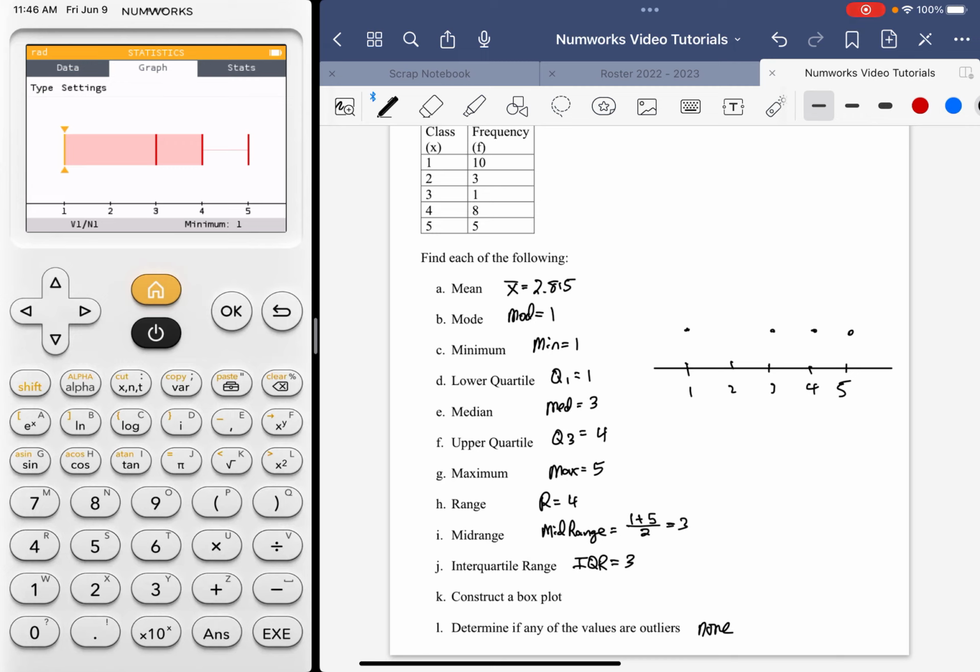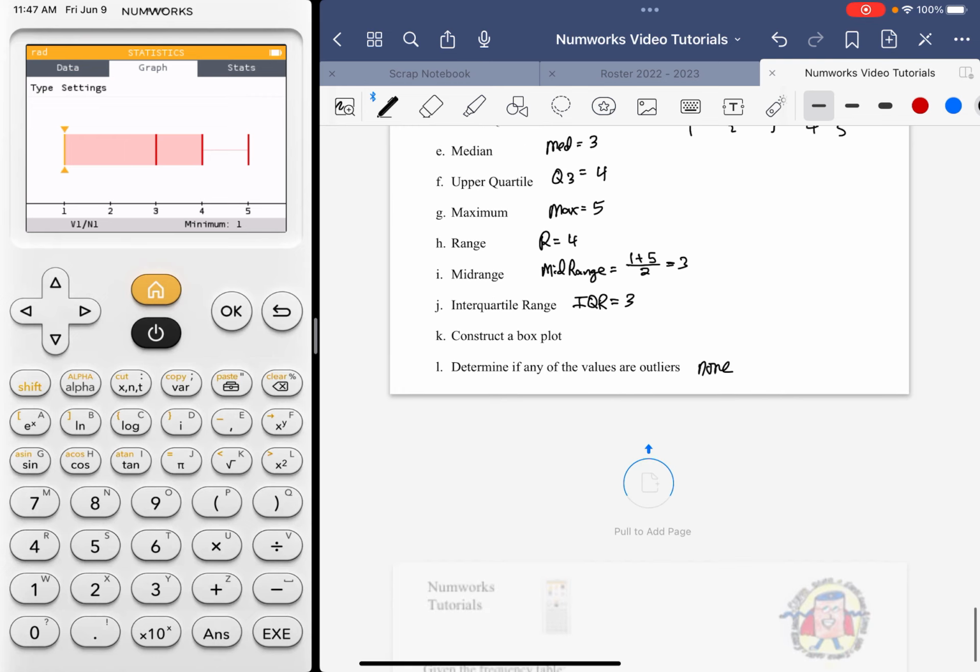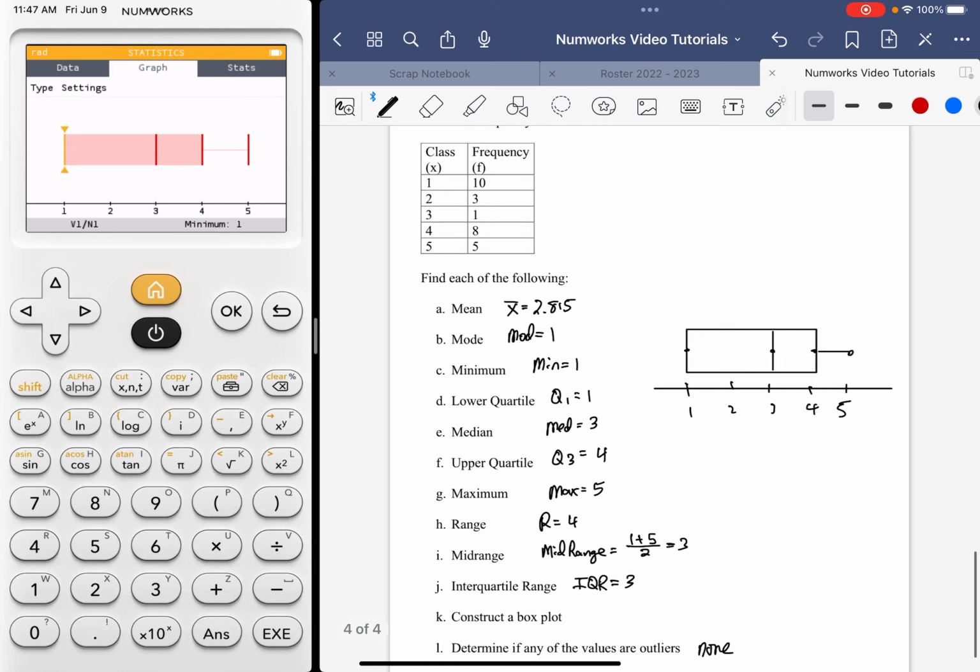The numbers are actually really clean for this one, so not always going to be the case, but in this case it is, so it's great. Notice I have a tail on the right, but not on the left. That's because there's no need for a tail because the minimum and the lower quartile are at the exact same location. And again, there was no context here, so we would just leave it at that.